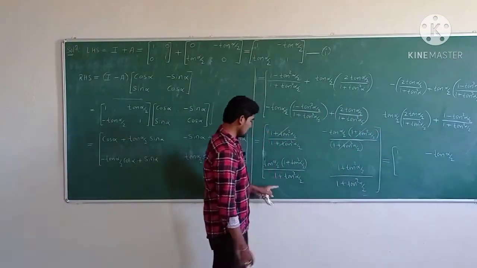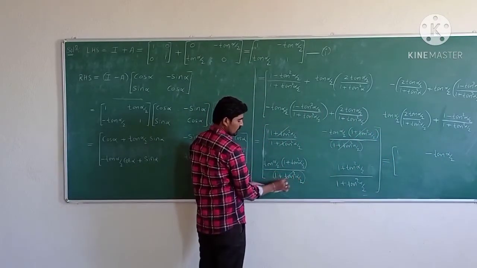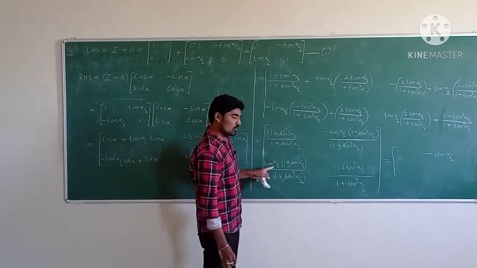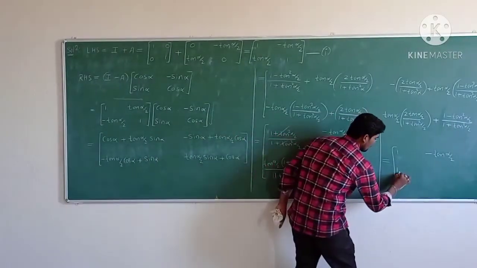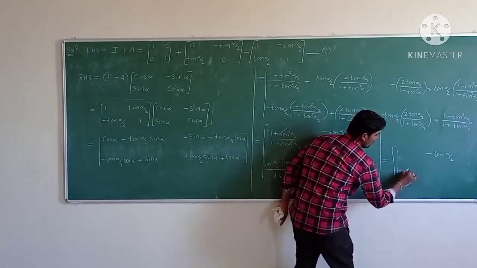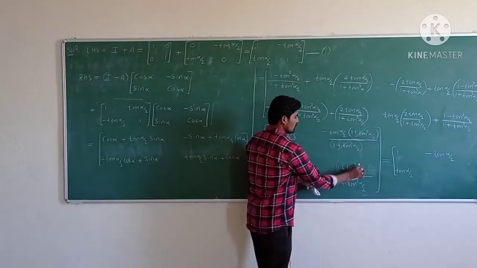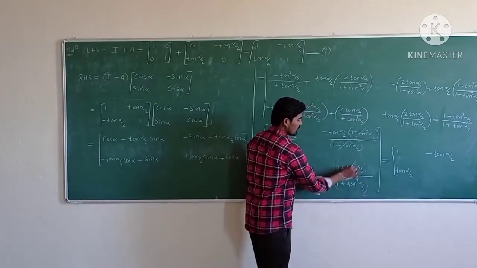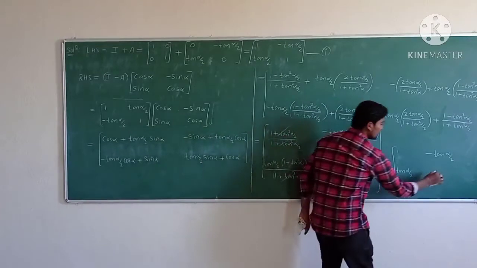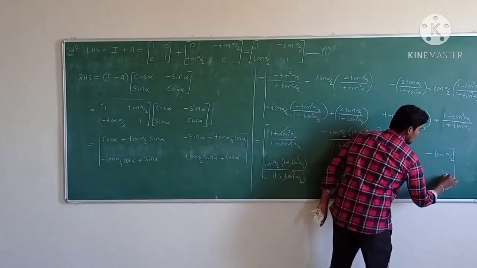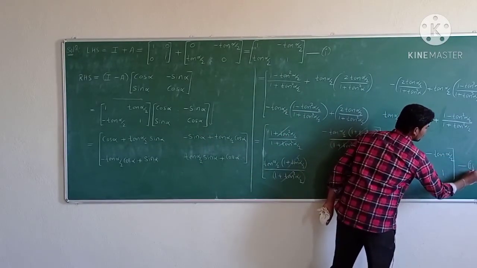And next, 1 plus tan square alpha by 2 gets cancelled and we go to tan alpha by 2. And here also it gets cancelled, remaining part 1. And this is equation number 2.